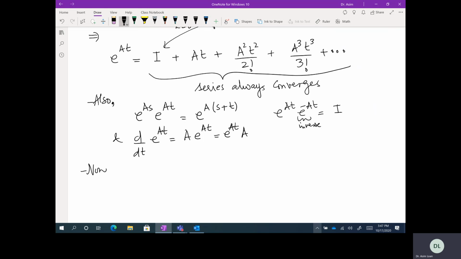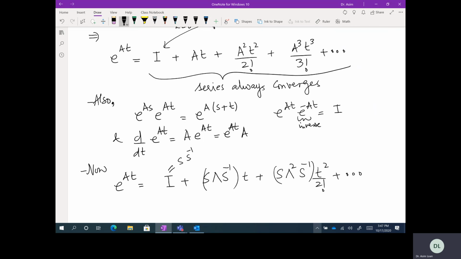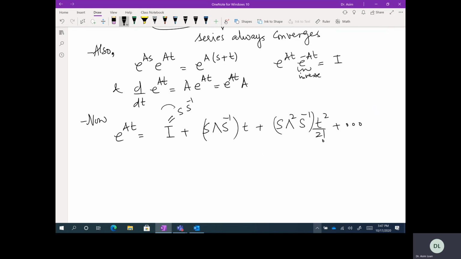Now, e^(At) equals I plus SΛS inverse t plus SΛ squared S inverse t squared over 2 factorial, and so on. This I is equal to S times S inverse, so I can take S out on this side and S inverse out on this side.